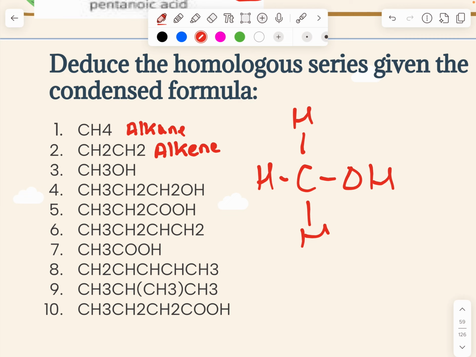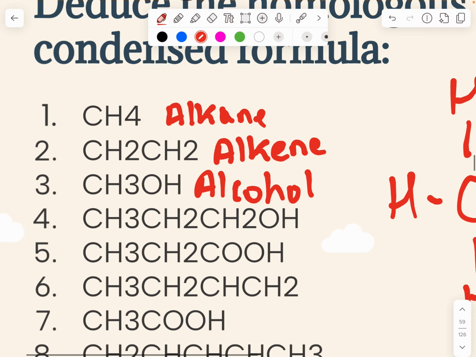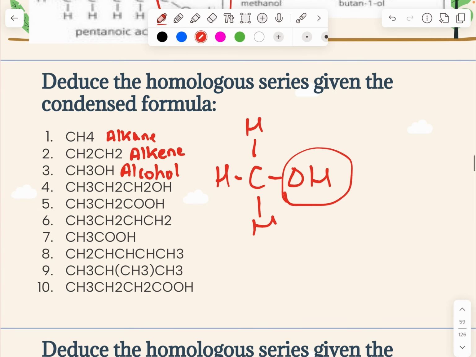And we can remember that this OH right here tells us that, hey, that's our functional group, but our homologous series, of course, is alcohol. Right? Once you see the OH, that is alcohol. So pause the video and do the rest on your own.